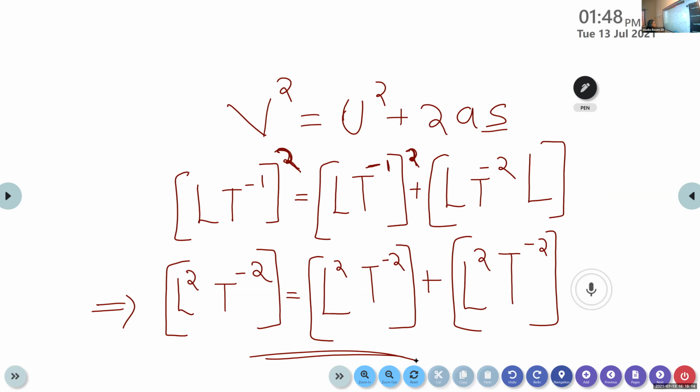So it obeys the principle of homogeneity, and we can conclude that the third equation of motion, v square equals u square plus 2as, is right. In order to check whether an equation is correct, we need to check whether it obeys the principle of homogeneity. Is it clear?